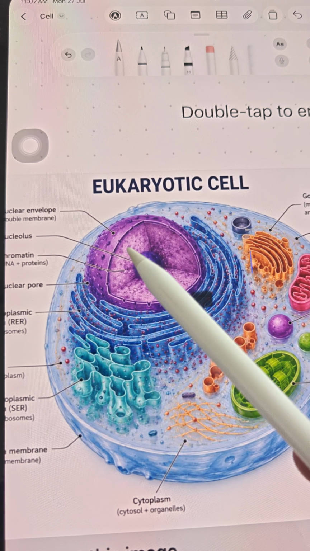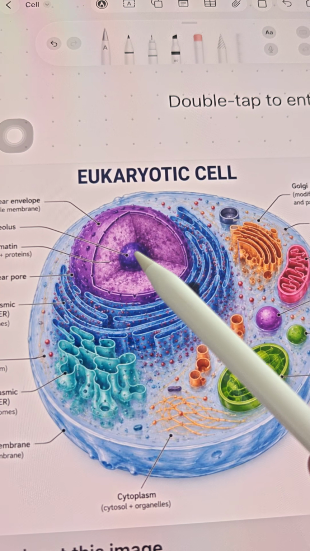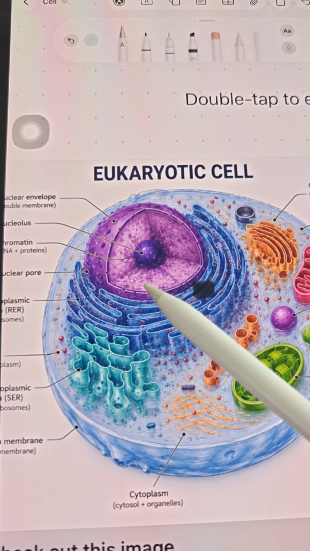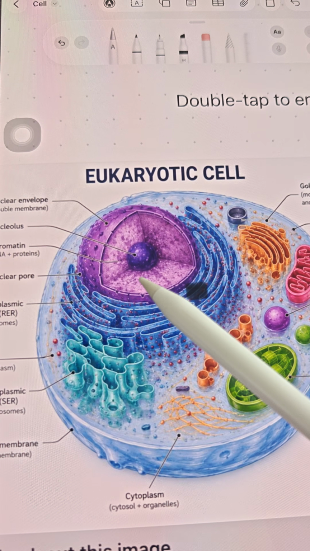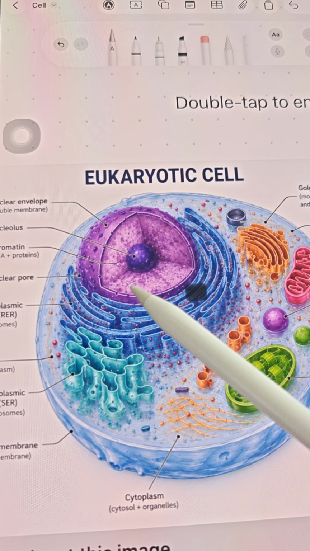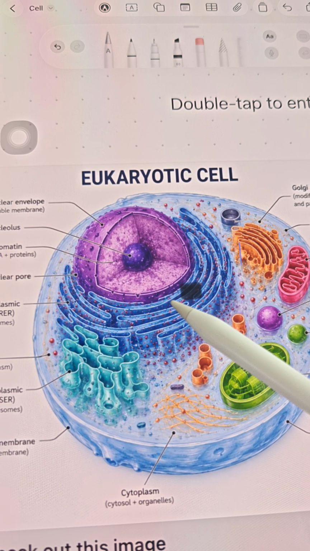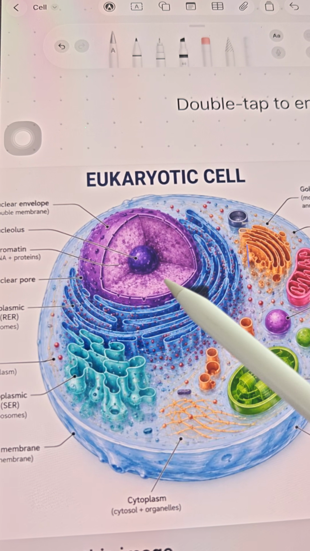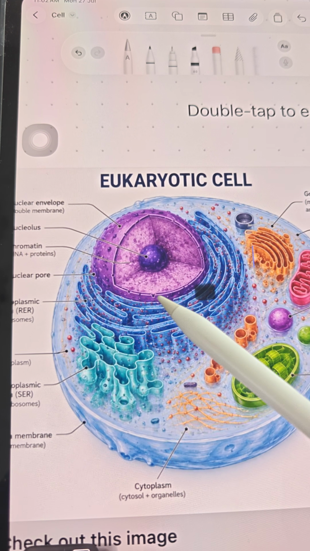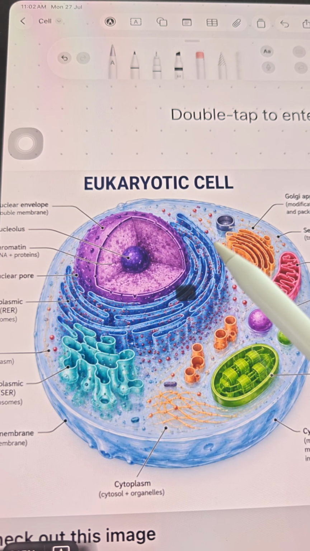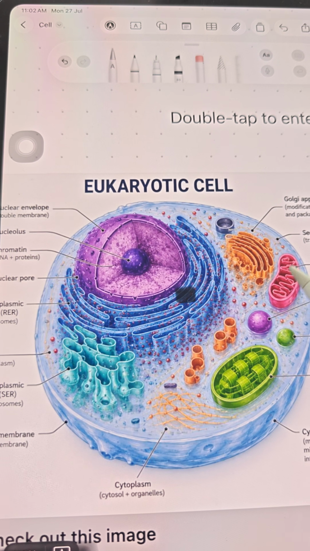Inside the nucleus is the chromatin material, the chromosomes. Inside the chromosome there is DNA, and in eukaryotic cells there are histone proteins linking the chromatin material with the DNA.